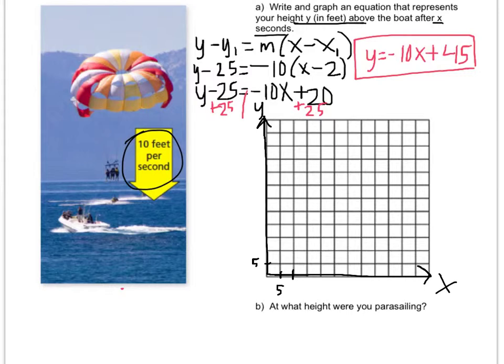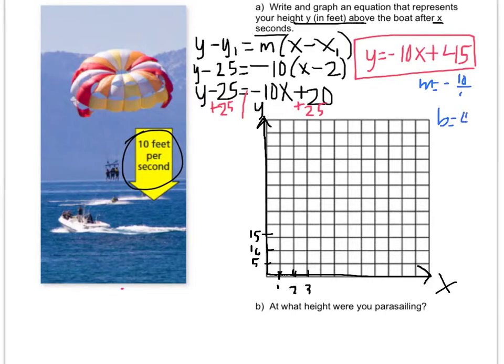It looks like I probably could go by 5s on the grid, and it doesn't make sense to have negative seconds or negative feet, because negative feet means you're in the water. So I'll go by 5s. No, I'll go by 1s on the bottom. Okay, so that's good enough for me to label. Now I start at 45 because the b is 45, m is negative 10 over 1.